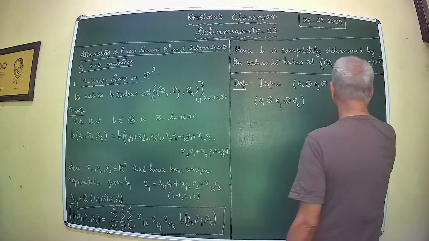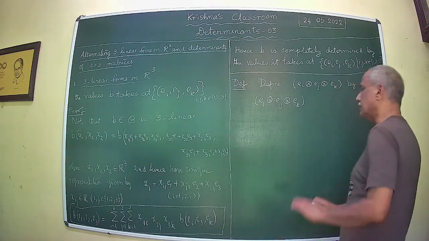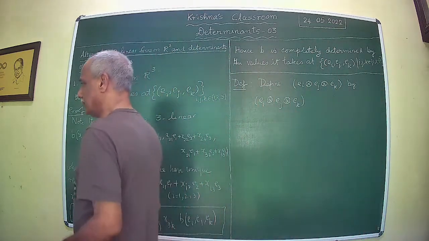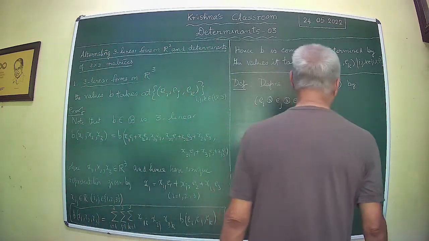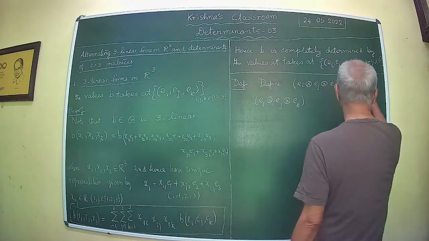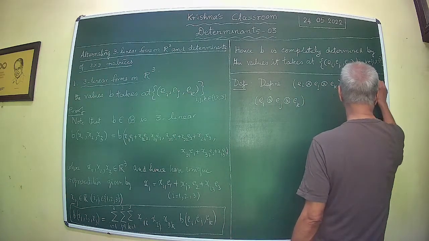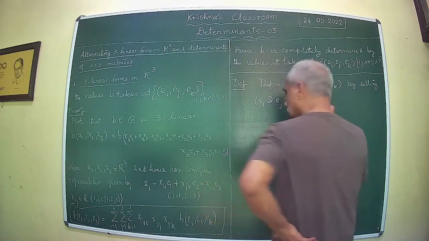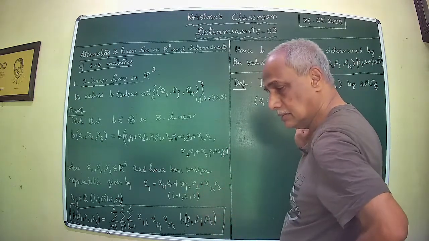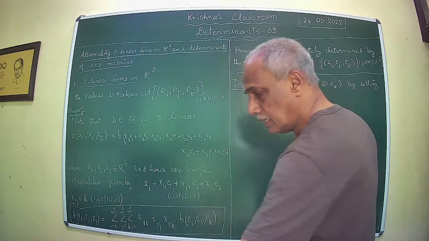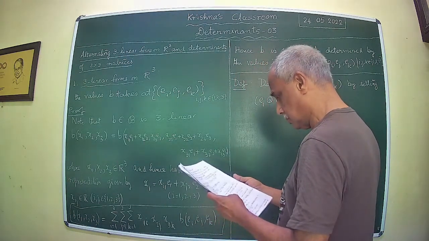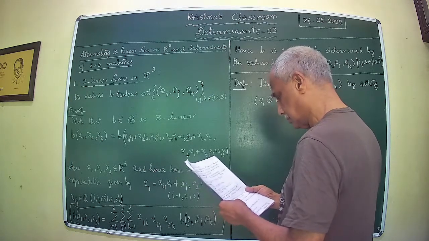What you have to do is fix it at the 27 points by setting e_i tensor e_j tensor e_k evaluated at e_l, e_m, e_n.